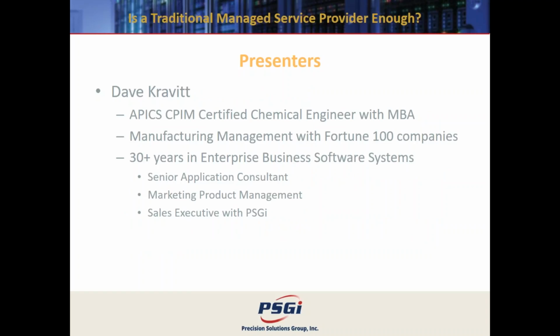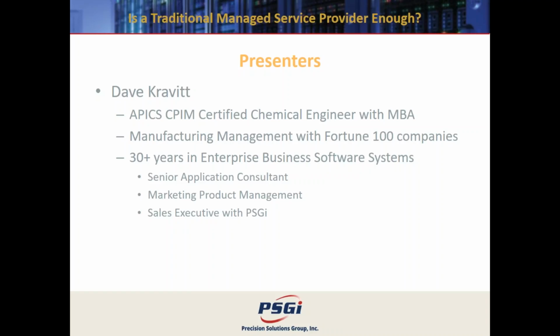Just to give you an idea of where I'm coming from, I am an APICS certified chem engineer with an MBA. I began my career working in manufacturing management with Fortune 100 organizations, Owens Corning, Baxter Healthcare, and the like. I developed new manufacturing processes and systems. I've managed operations departments, and I really began a passion for working with manufacturing organizations.